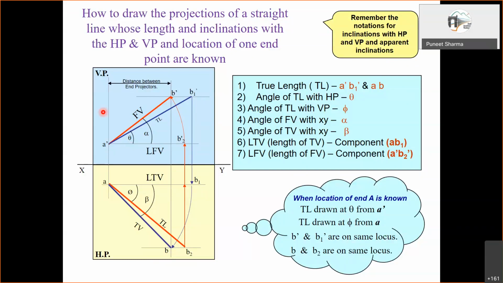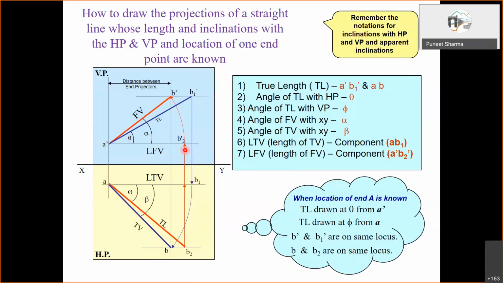So what we are discussing is that we have to merge these two situations, right? We know that the length of the front view will be this much only, this A dash to B2 dash, as long as the line is inclined at an angle phi. Also we know that B dash will maintain this much distance from XY as long as the inclination is theta.